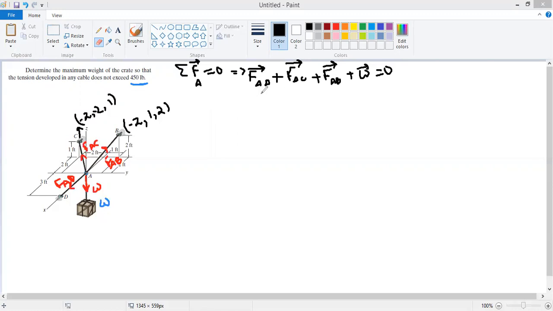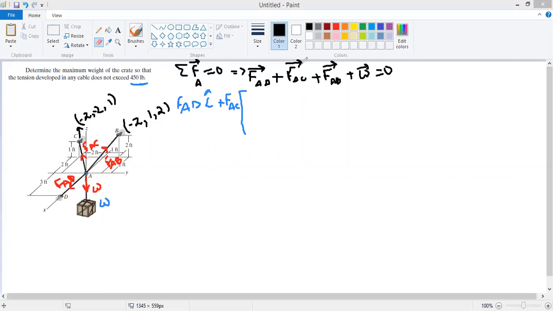Now, as far as FAD is concerned, the magnitude of FAD is FAD itself, and the direction is along the x-axis, so it will be FAD i cap. Plus we have FAC: magnitude FAC times the unit vector drawn from A to C. The coordinates of point A are 0, 0, 0, so it will be (-2 - 0) i cap, (-2 - 0) j cap, (1 - 0) k cap divided by the magnitude.